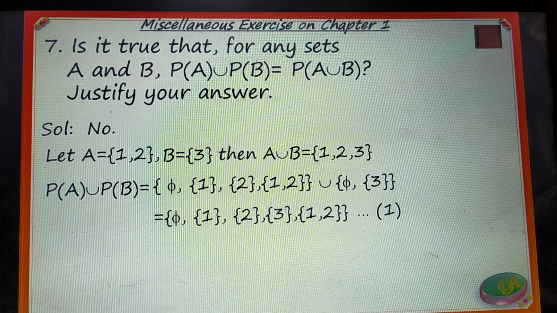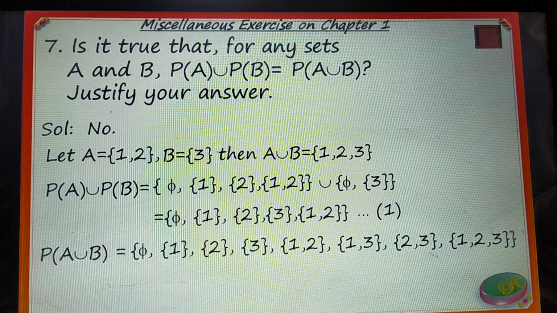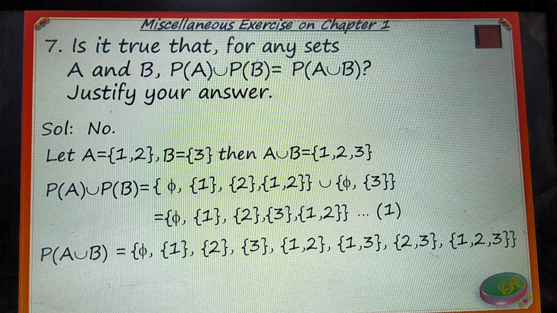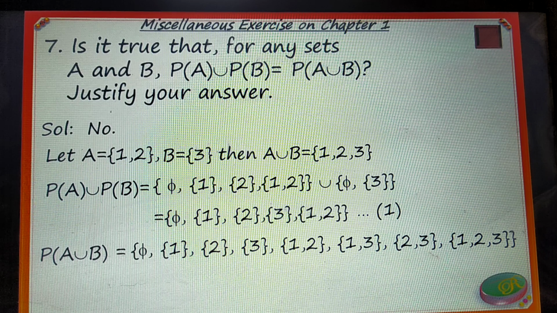And P(A union B) is equal to {φ, {1}, {2}, {3}, {1, 2}, {1, 3}, {2, 3}, {1, 2, 3}}.